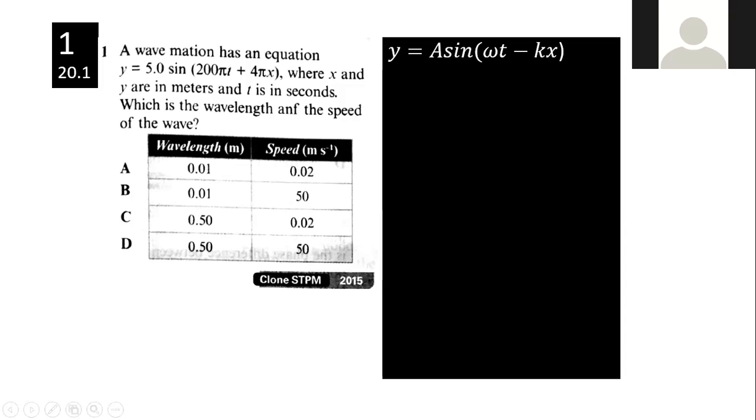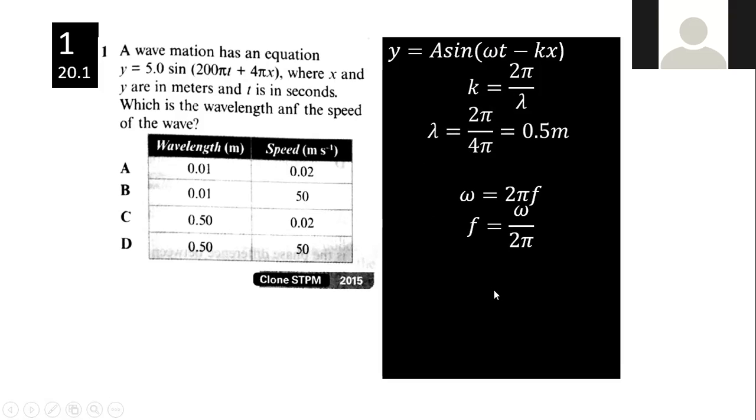So you must know the standard formula. This is for positive x direction. Then from there you can find k, that's your k. So put in your k. You want to find lambda, take the k down. So it's 2 pi over k, k is 4 pi, so it's 0.5 meter. Then your omega is that one there, 200 pi, equals 2 pi f.